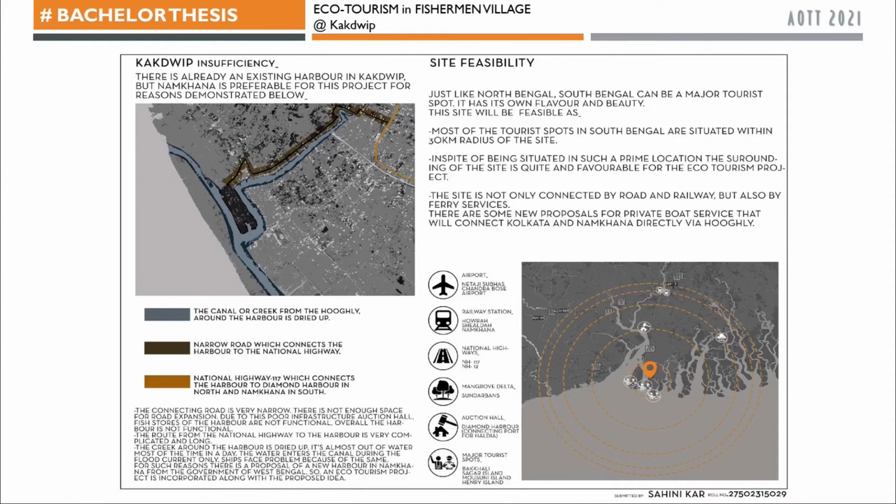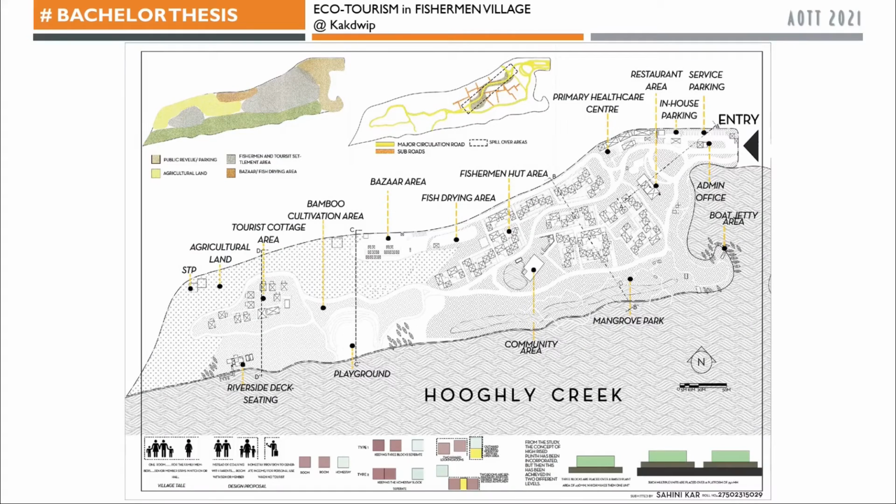Another project deals with the development of ecotourism in a fisherman's village at Kagdeep, 24 Parganas South, again on the bank of River Hooghly, but more towards the mouth of the river.